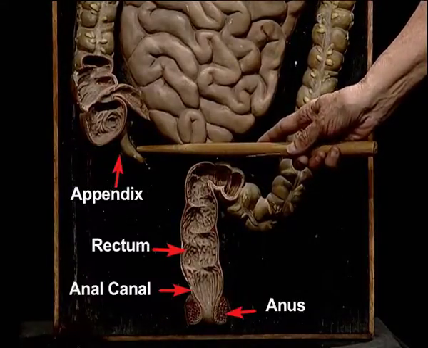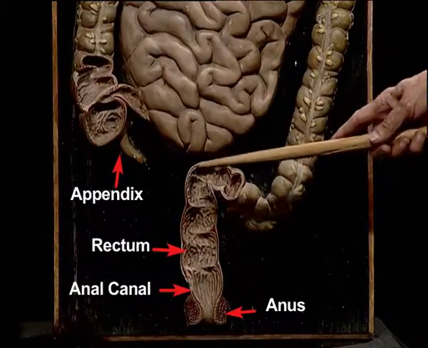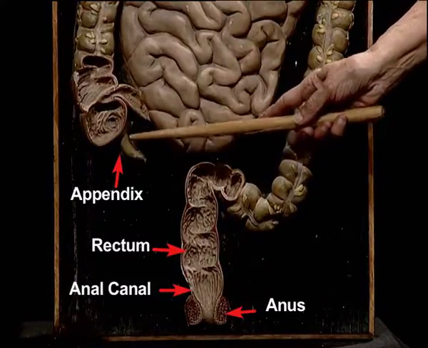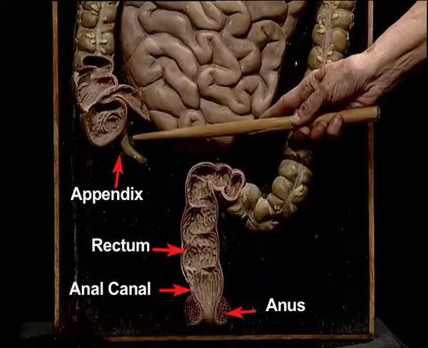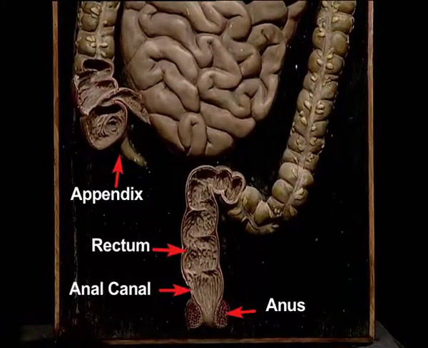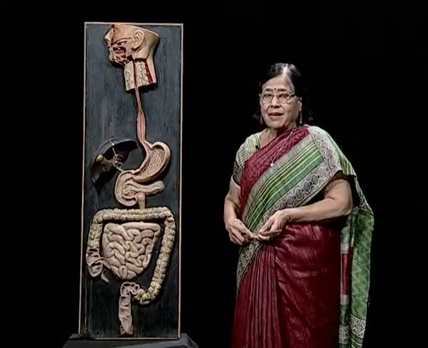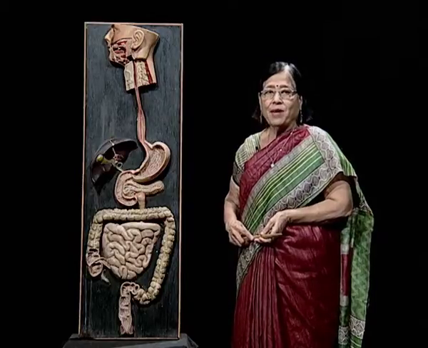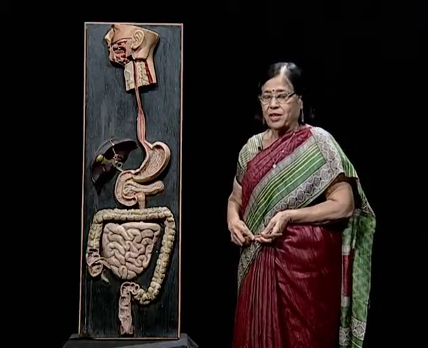You have heard about the appendix? This is a vestigial organ in our body, and it is at this point in the large intestine. It does not have much of a role in our body, but it only proves that our ancestors, grass eating ancestors, had this appendix very big in size and also functional.